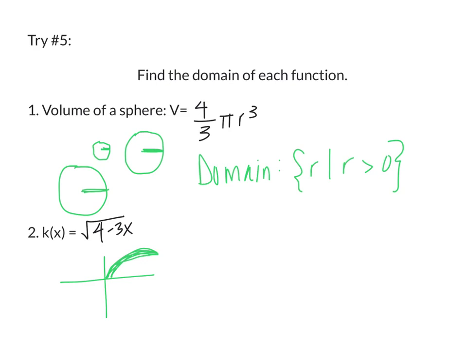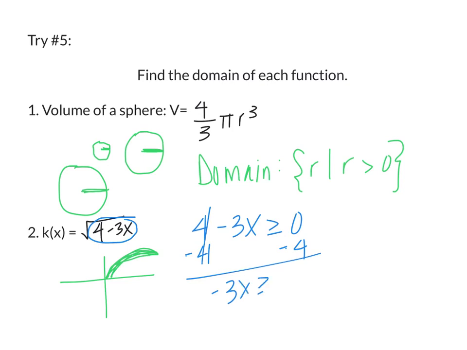So in order for the radicand to be greater than or equal to 0, we'll just make an inequality out of it to figure out what the actual domain should be. So 4 minus 3x is greater than or equal to 0. I'm going to solve for x now because that, again, will be our domain. So subtract 4. I have negative 3x is greater than or equal to negative 4.